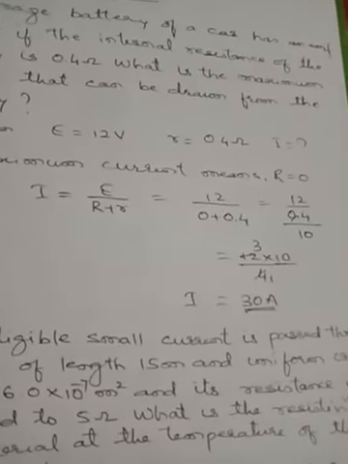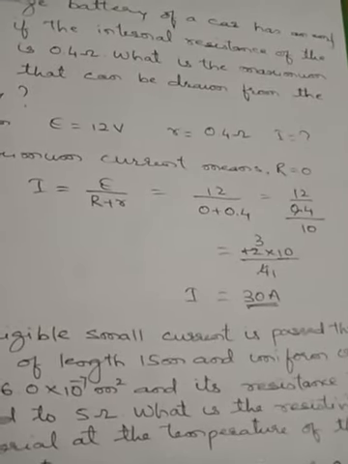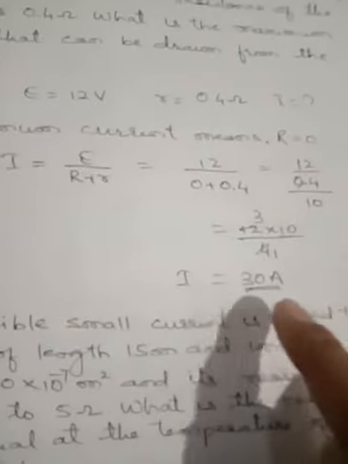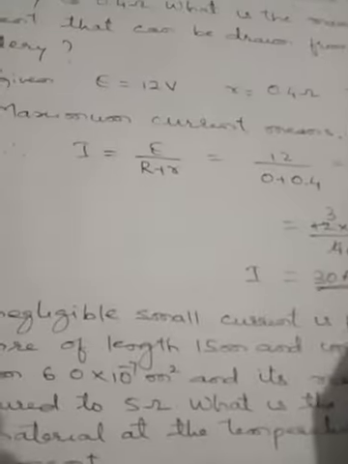So maximum current will be there when R is 0. So capital R is equal to 0 is substituted, and substituting the value, we'll get current is equal to 30 ampere. So this is the first problem. Current is there, therefore its unit is ampere. Clear? Okay.